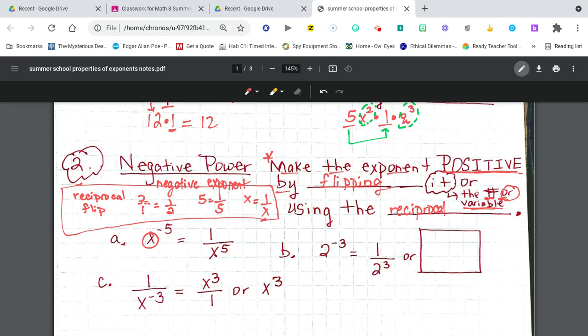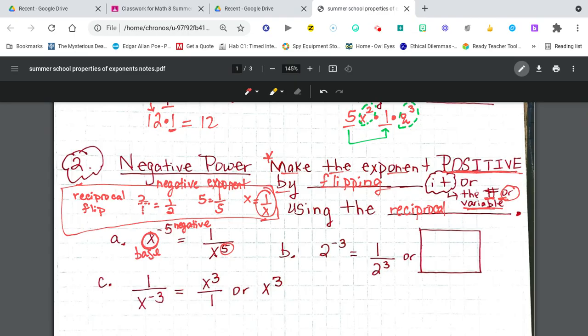Here I have a base of x. Because my exponent is negative, I'm going to make it positive by flipping the variable. I'm going to flip the x. If I flip x, it becomes 1 over x. But then you make your negative 5, which is your exponent, a positive 5.